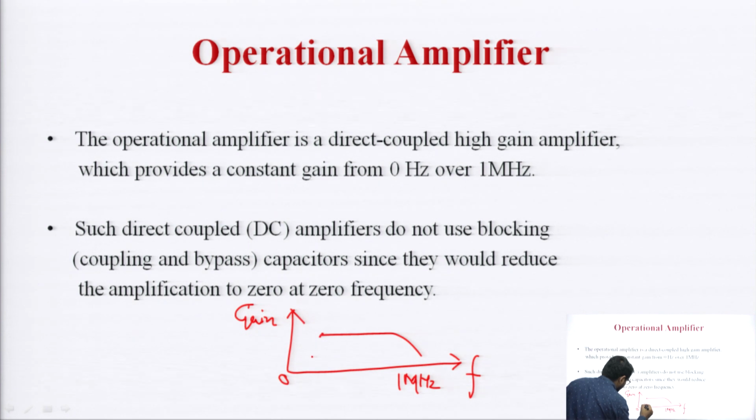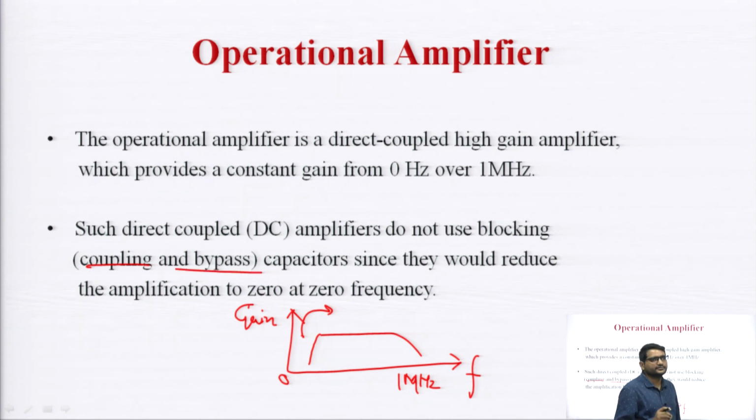Gain will start decreasing at the lower frequency, and this decrease of gain at lower frequency is due to blocking by the coupling capacitor and bypass capacitor. So we never use the coupling capacitor and bypass capacitor in the internal structure of an operational amplifier. We avoid these two capacitors.